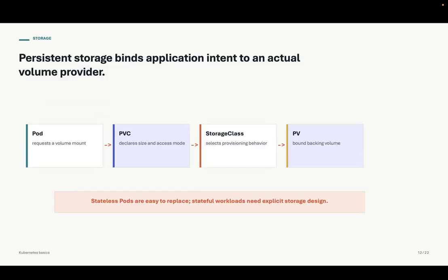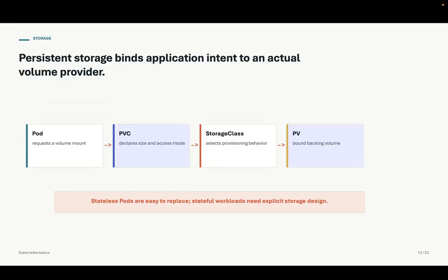The actual PersistentVolume, or PV, represents the actual backing volume. This abstraction is very important because it lets the application declare the storage intent without explicitly mentioning in the pod spec where the exact storage is, especially the cloud disk or the storage backend.